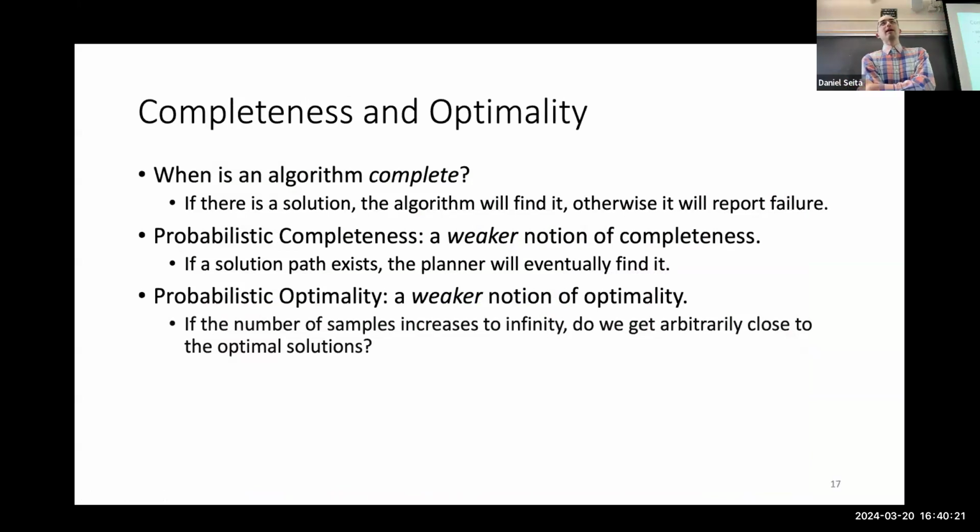All right. So completeness and optimality. When is an algorithm complete? If there is a solution, the algorithm will find it. Otherwise, it reports failure. Probabilistic completeness means if a solution path exists, the planner will eventually find it.